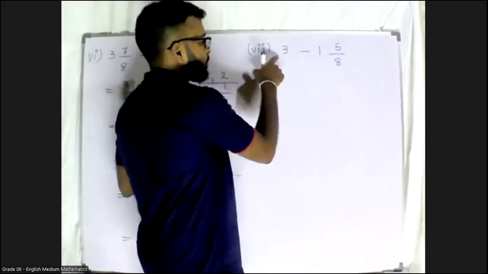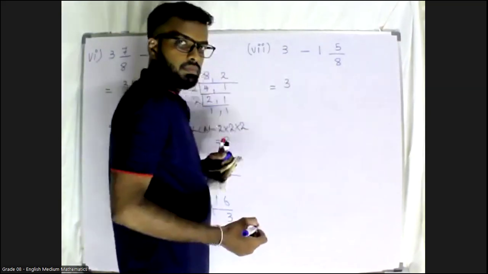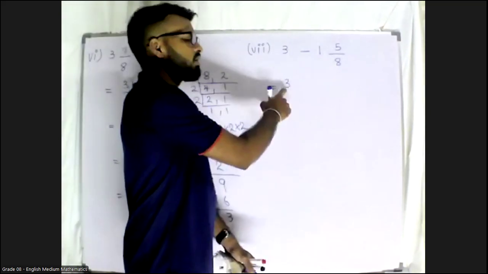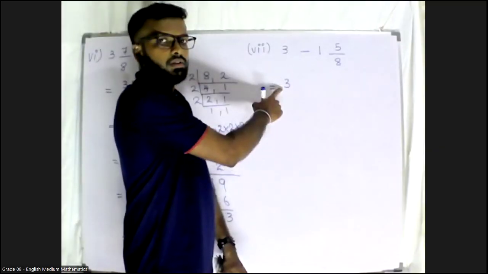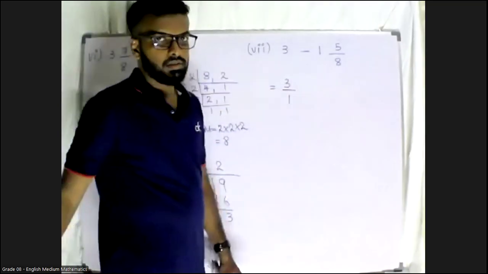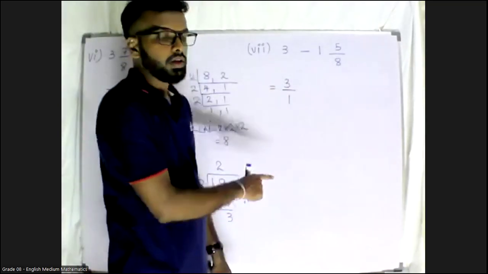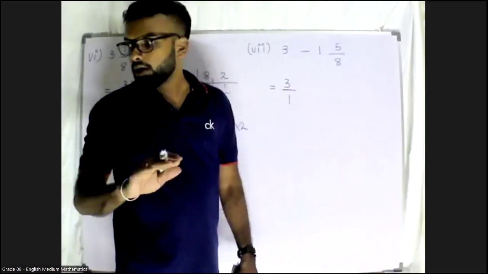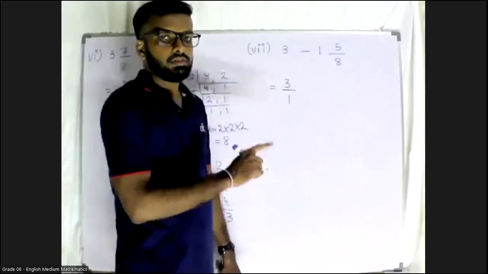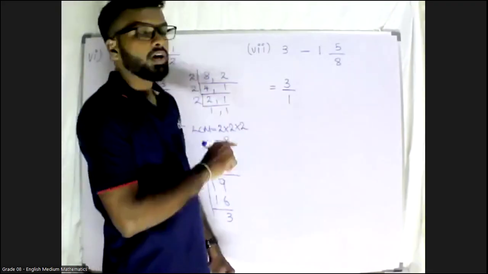I am going to rewrite 3 here. And what is the denominator of this 3? This is the numerator. The denominator of this 3 is 1. Under this you have a 1, but you can't see it. If you want, you can write it like this: 3 upon 1, 3 divided by 1.